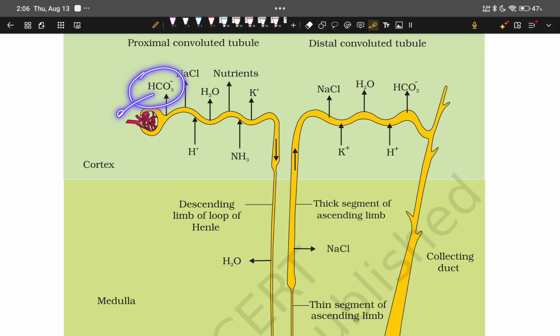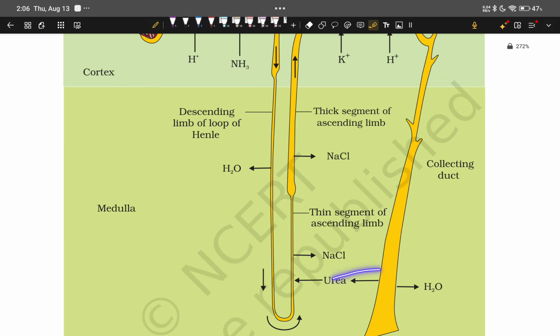HCO3 is reabsorbed here because of ionic or pH balance. Here HCl is directly reabsorbed. As per the NCERT, what's mentioned in NCERT is primarily important for us. And here you have urea and water coming out, or there's reabsorption and other things.